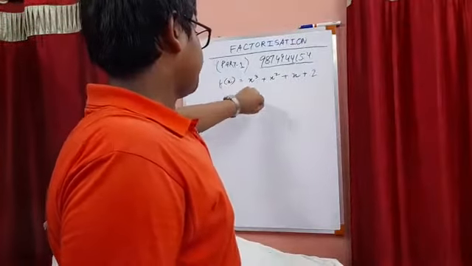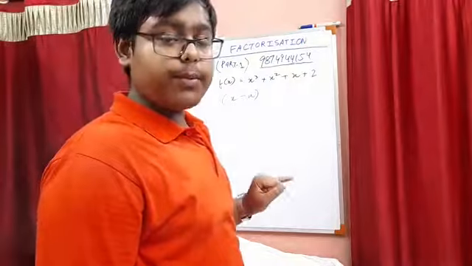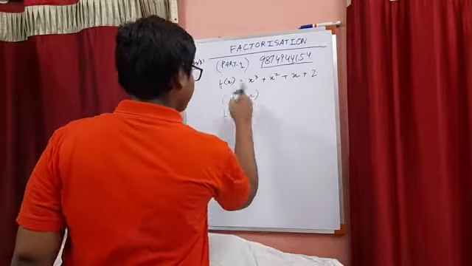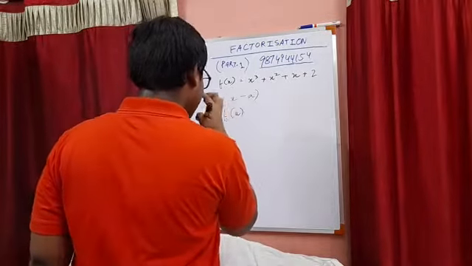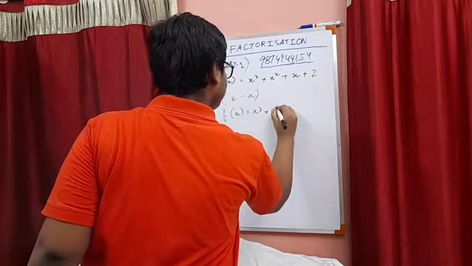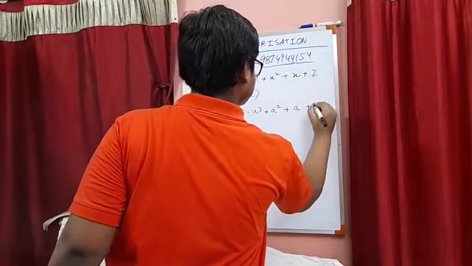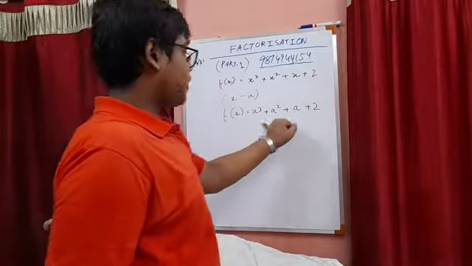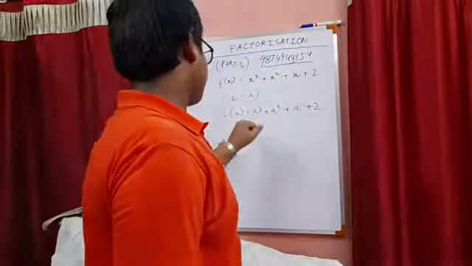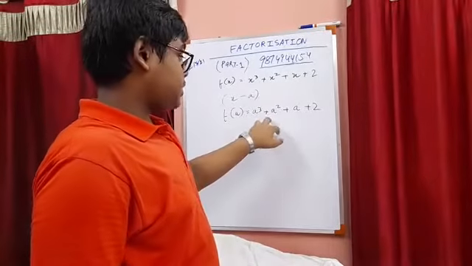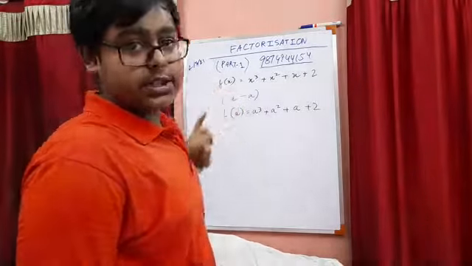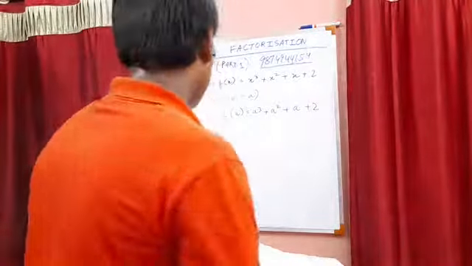Now, we will use this value of x in the polynomial, so f(x) will become f(a), and x cube will become a cube plus a square plus a plus 2. This will be the remainder of the polynomial. Here a is any integer, so on simplification it will lead us to the remainder, which will be f(a). f(x) and f(a) are equal in this case.